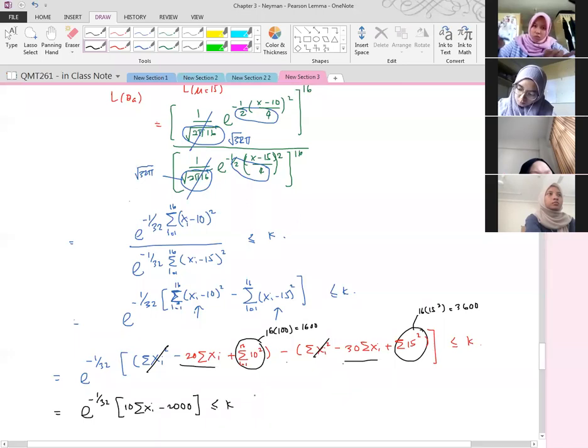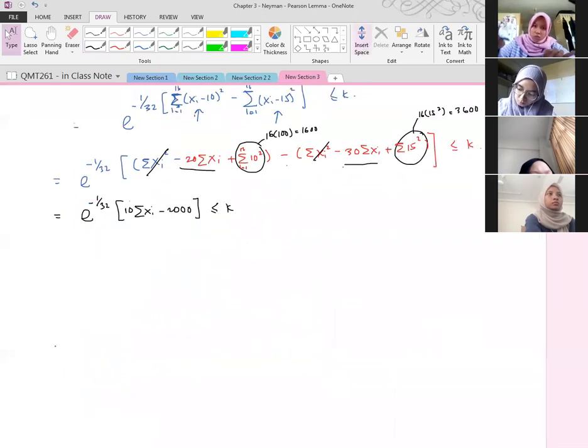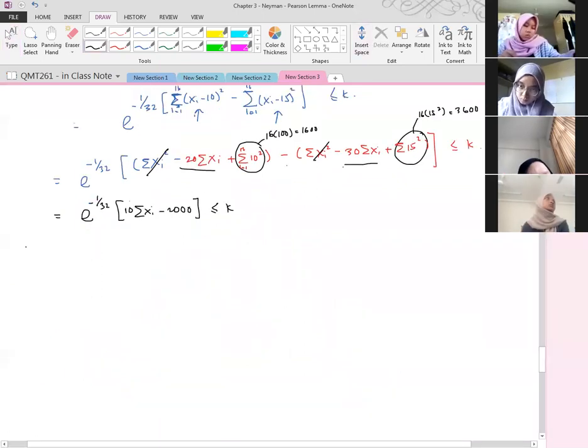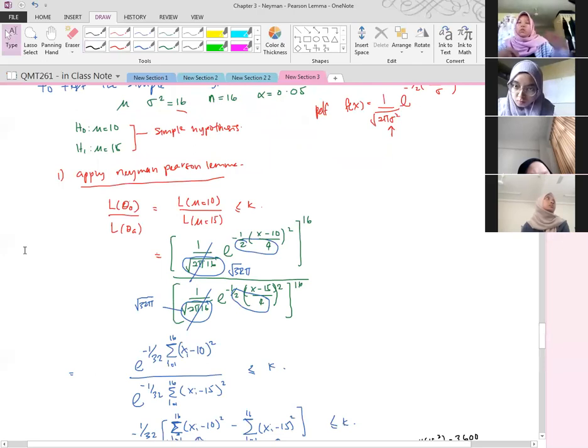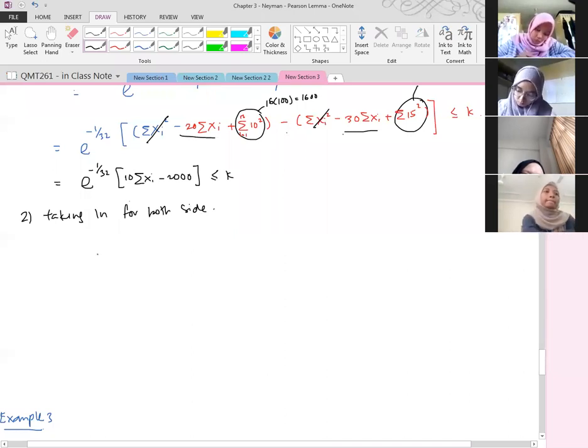Once you have this simplified version, we still have exponential on the left hand side. So what we need to do is take ln. This is step number 2, taking ln for both sides, because we still have exponential on the right and left hand side.